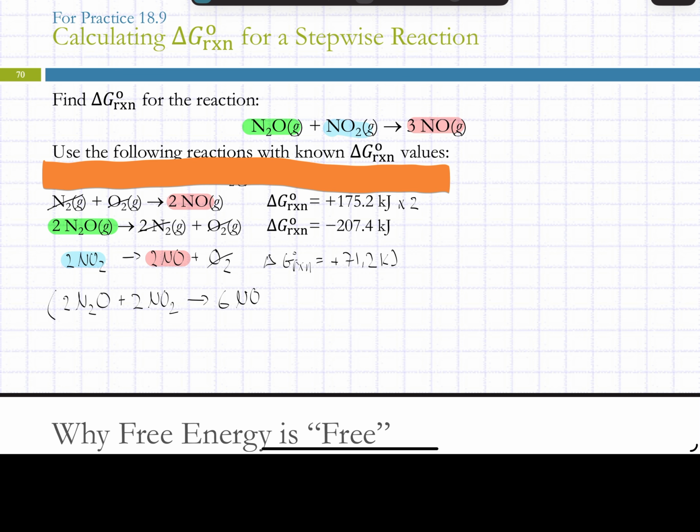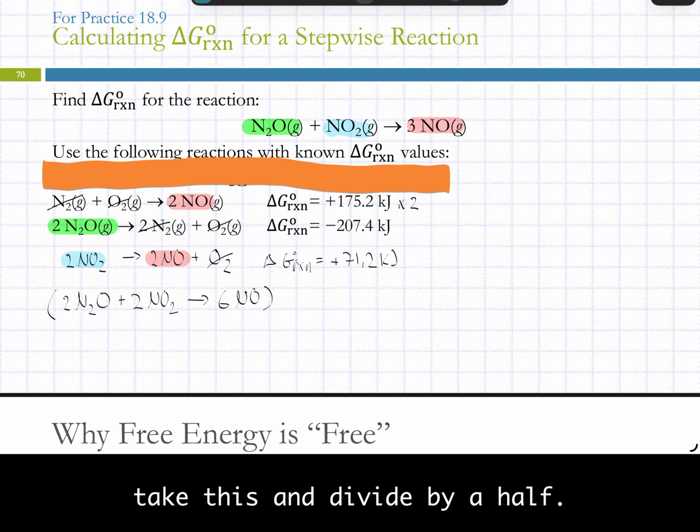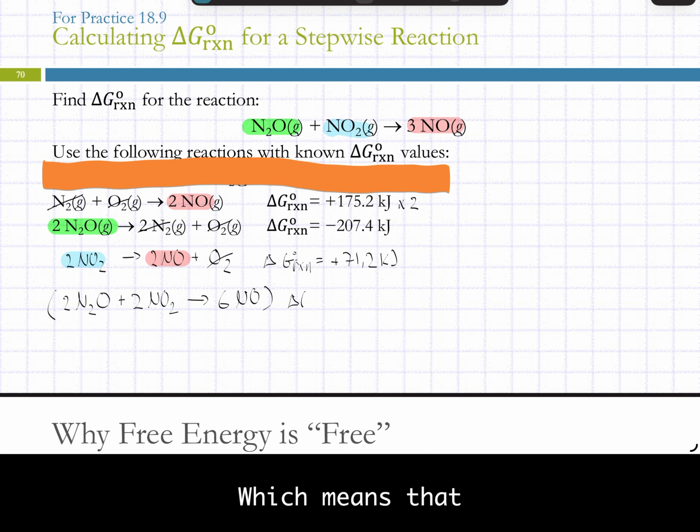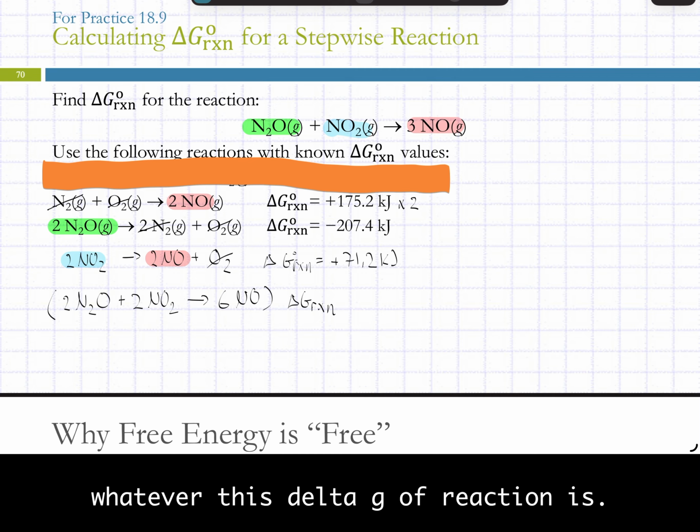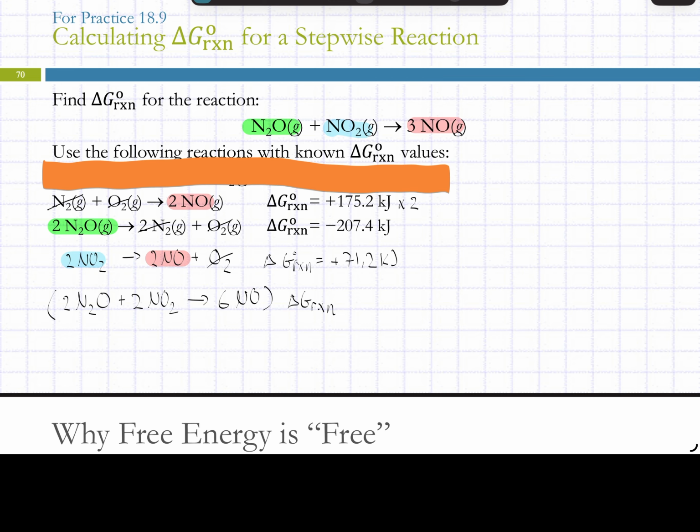And then take this and divide by a half, which means that whatever this delta G of reaction is, 175.2 times 2 plus negative 207.4, plus a negative 207.4, I should have said out loud, plus 71.2.